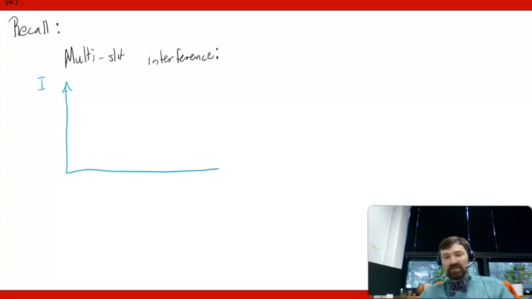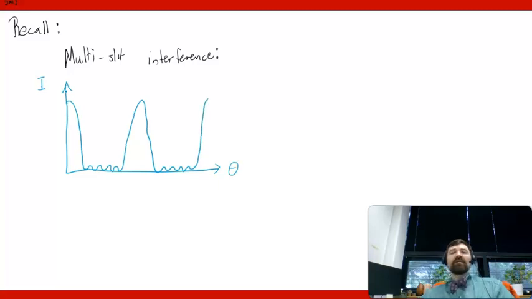If this is the intensity and this is your position, basically you end up getting a maximum, and then you end up having some number of secondary maxima, and then a primary maximum again, and then some number of secondary maxima, and then the next primary, and so on.